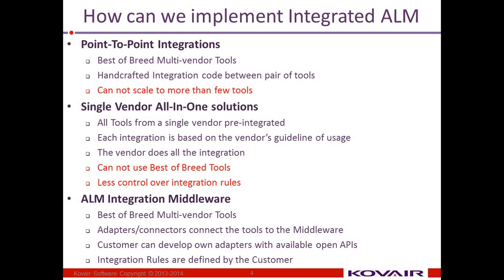The next option is single vendor all-in-one solutions. So single vendor solutions are like one particular vendor is providing all the tools for all the different silos of software development, and these tools are often connected with each other. So there's an integration already available off the shelf, but the problem here is that the tools have to be from the same vendor.